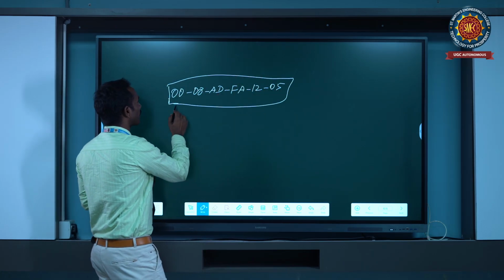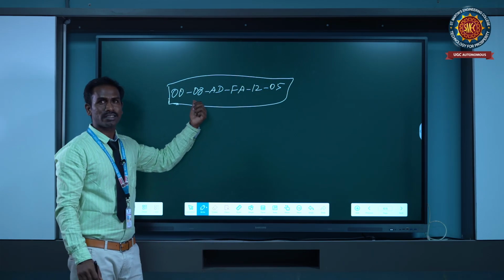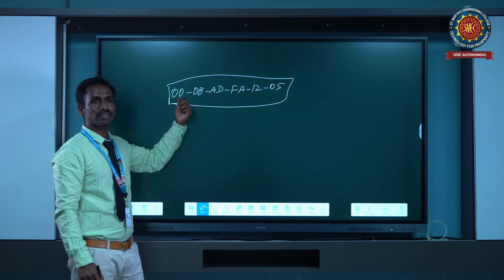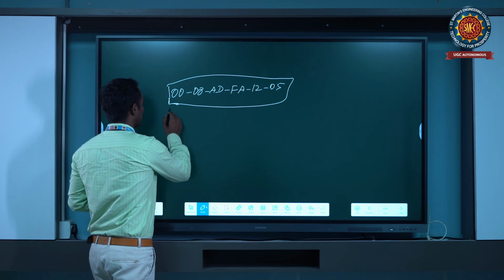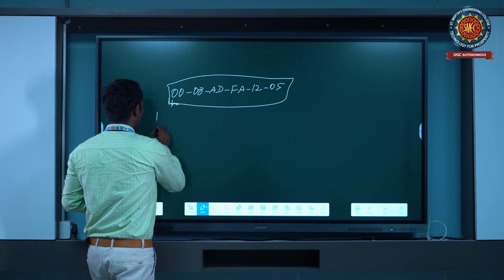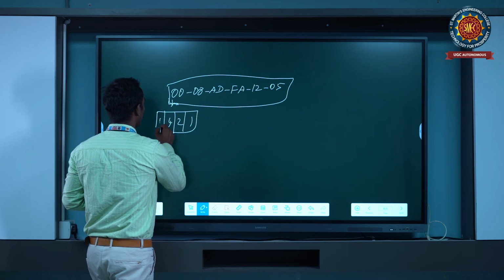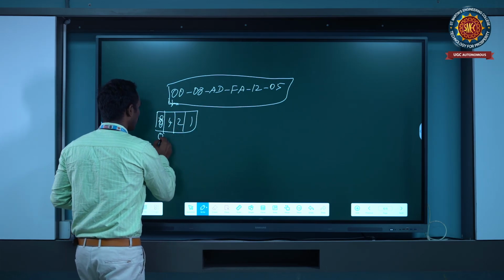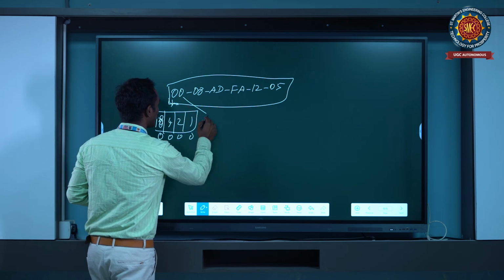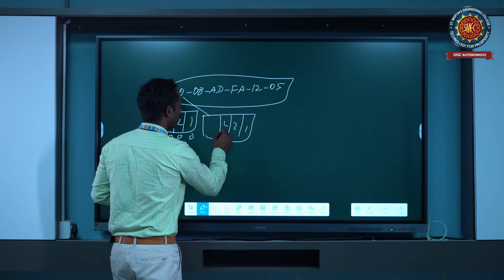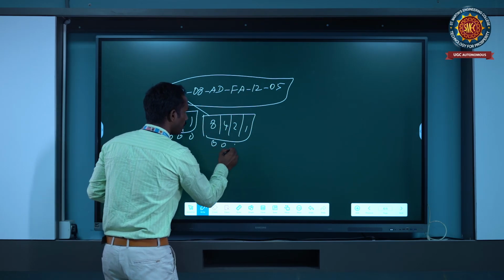It has 12 hexadecimal digits. What is the 12 hexa? Each and every hexa is 4 bits. How to write that? 4 bits, 1, 2, 4, 8. So put the value for 0, 0. For this one, like that, 1, 2, 4, 8, that is also 0, 0.